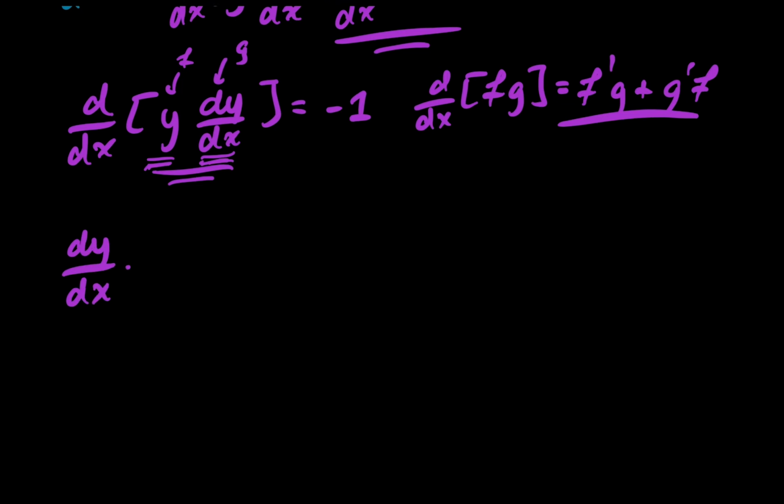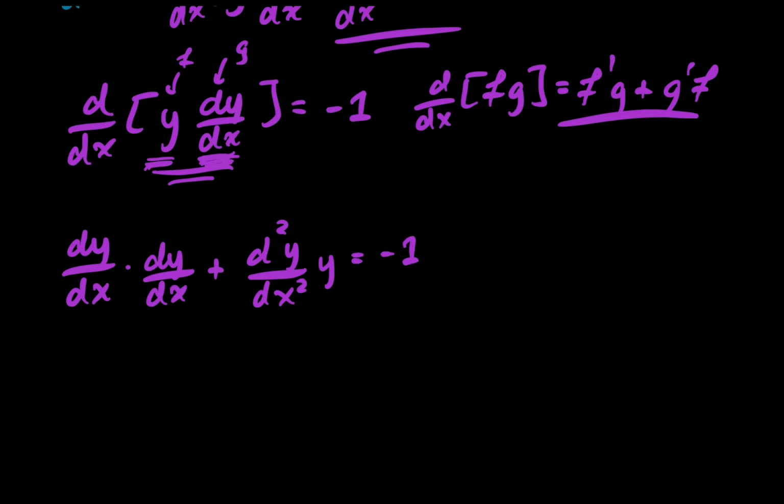Then we add the derivative of our second function, times the first function. When we take the derivative of dy by dx, that's the second derivative of y with respect to x, and we multiply that by y, and that's equal to negative 1.